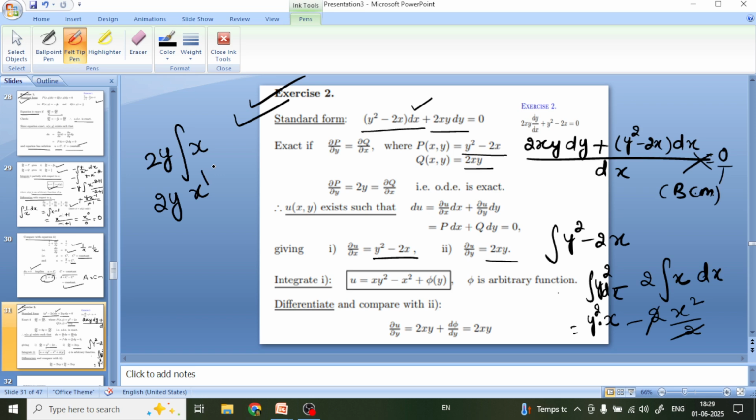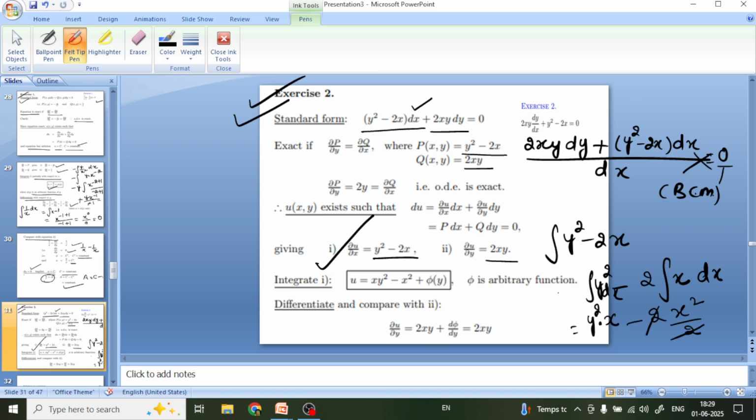Phi is an arbitrary function. We have solved the first equation, and we will find xy² − x² plus phi(y).